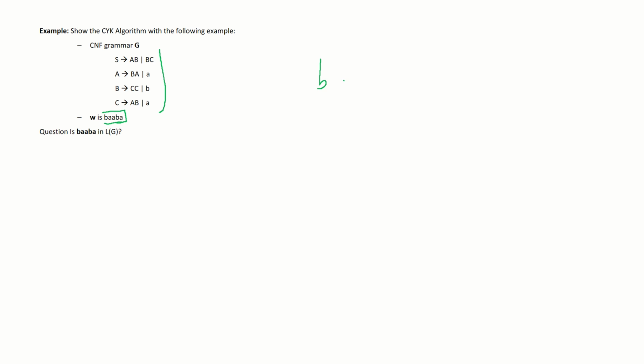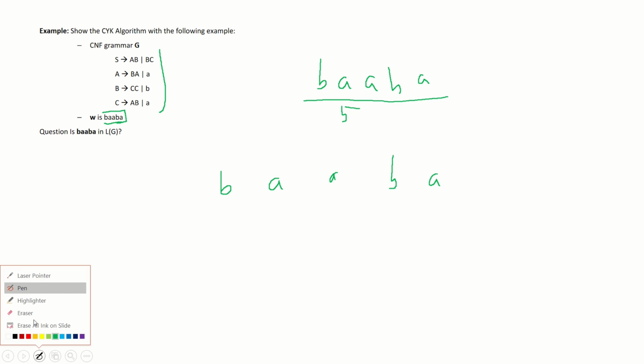Our string is BAABA, so this is the string of length 5, and we can get 5 substrings of length 1 from this string, right. One is B, one is A, then A, then B, then A.